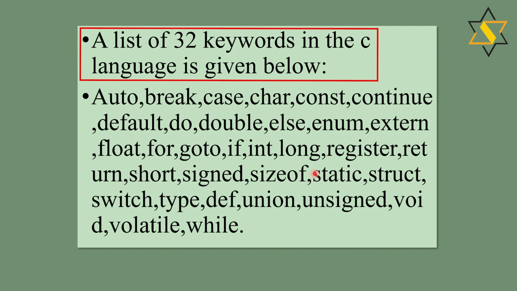Whatever data types you are using, the data type names come under keywords. Also the conditional statements you use, like if, else, goto, continue, break, switch, for loop, do while loop, all come under the 32 keywords.